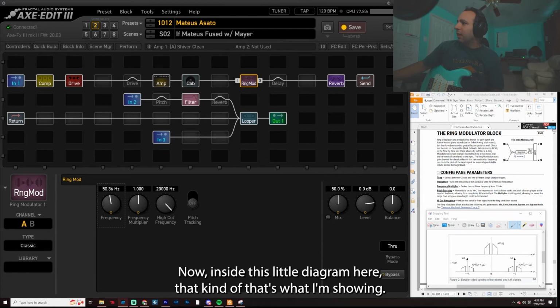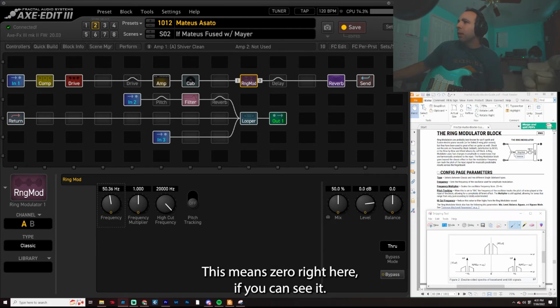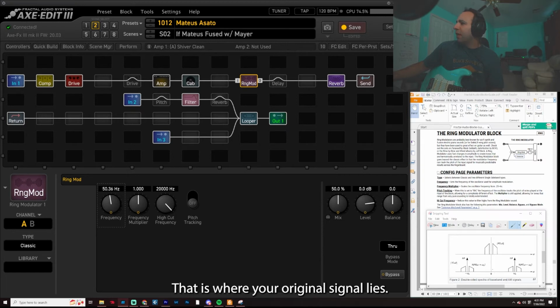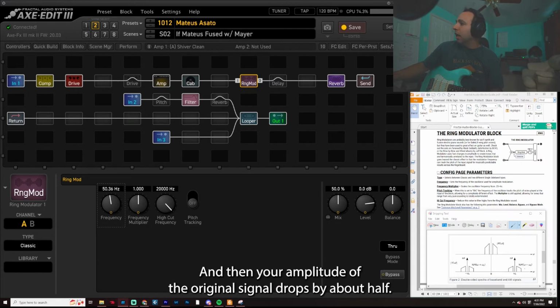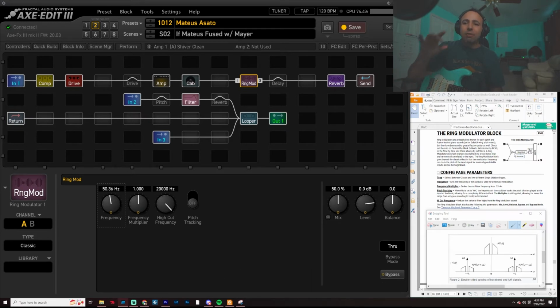Now, inside this little diagram here, that's what I'm showing. This main zero right here, if you can see it, that is where your original signal lies. You increase this frequency, it shifts left and it shifts right at the same time, and then the amplitude of the original signal drops by about half, okay?